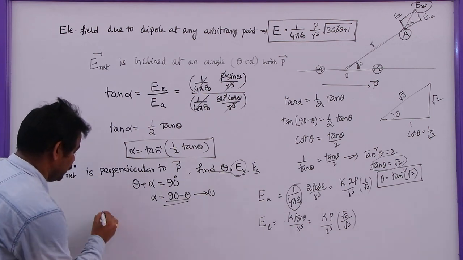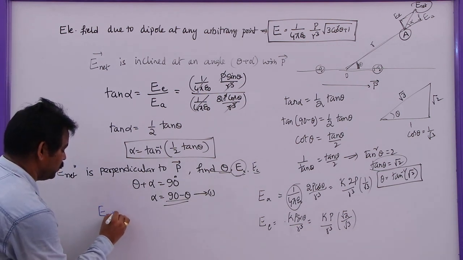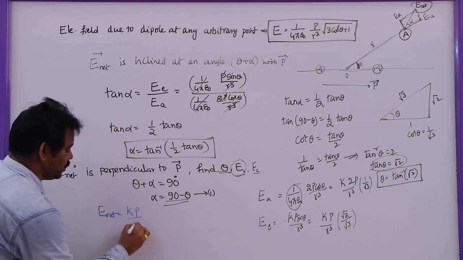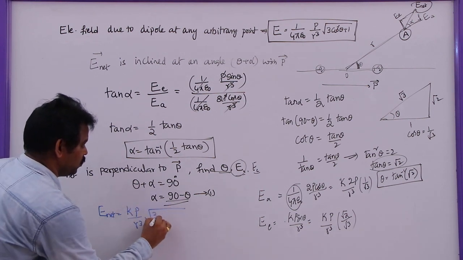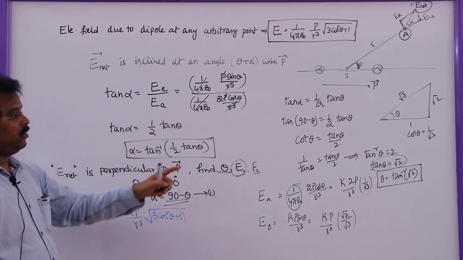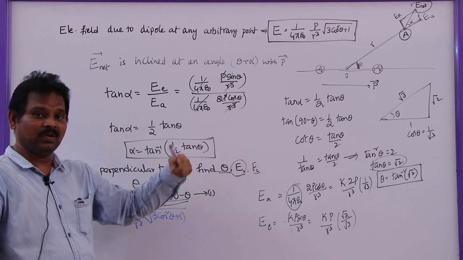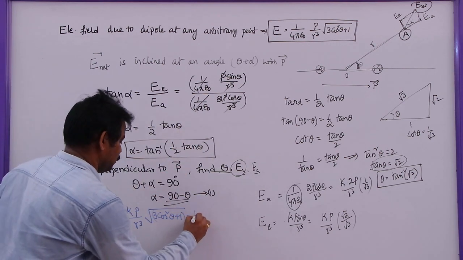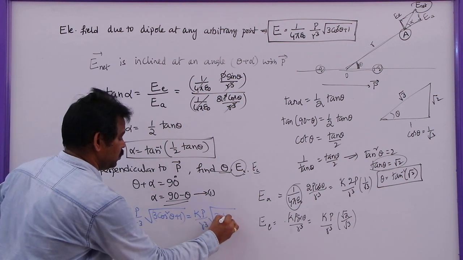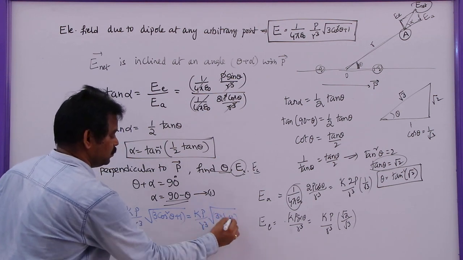So here the E net is given by k p by r cube root over 3 cos square theta plus 1. We know that cos theta is 1 by root 3, cos square theta 1 by 3. So this will be k p by r cube root over 3 into 1 by 3 plus 1.